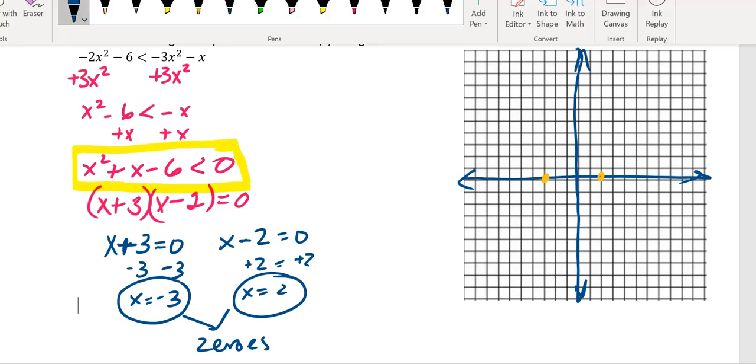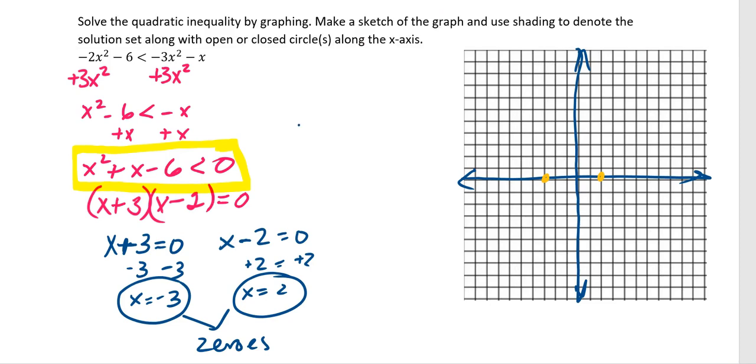If you're still struggling with this, remember that when a is positive, your parabola smiles like positive people do. When a is negative, your parabola is sad like negative people are. So our a is 1, which is positive, so it's going to be opening upward.